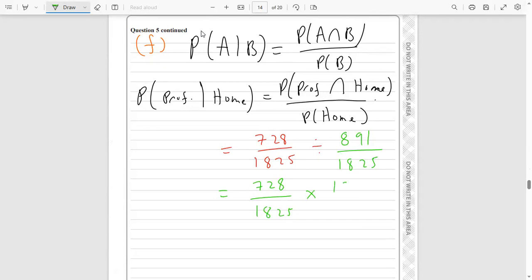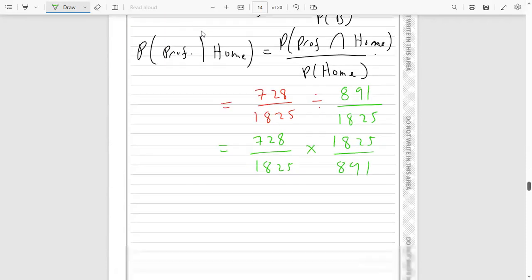So flip the second one, 1825 over 891. I don't think it was a good choice to choose green as this color because it looks too bright. Anyway, that will just cancel out with that, and we're just left with 728 over 891, which would be your final answer.